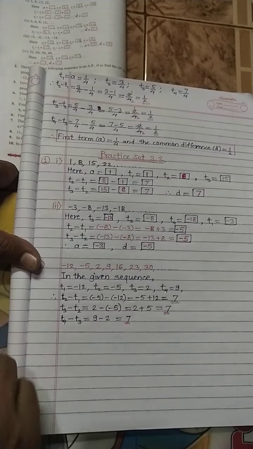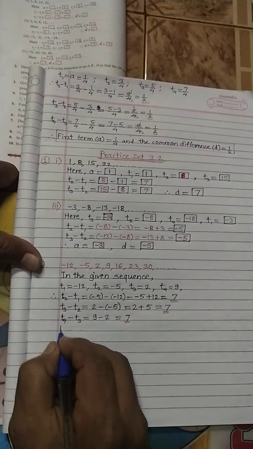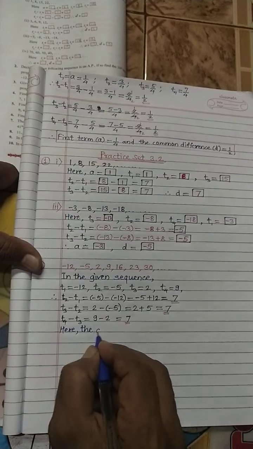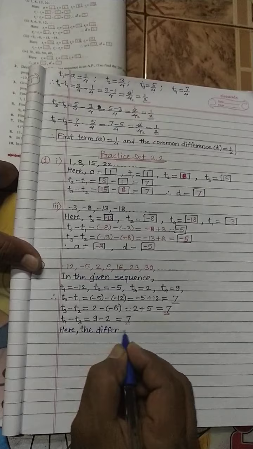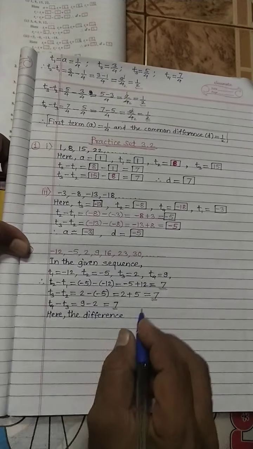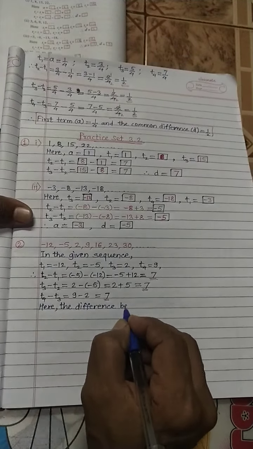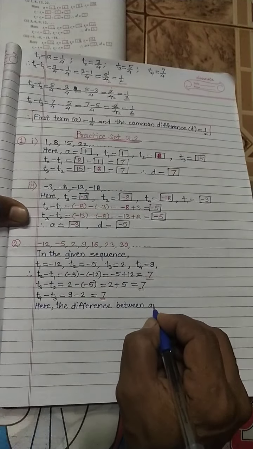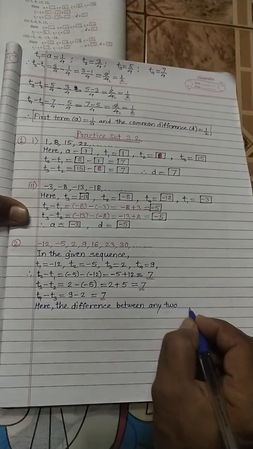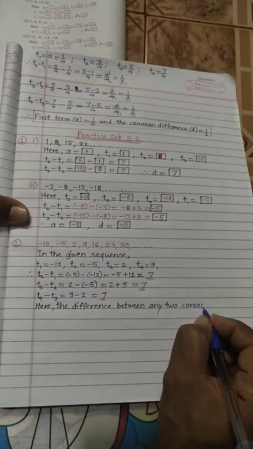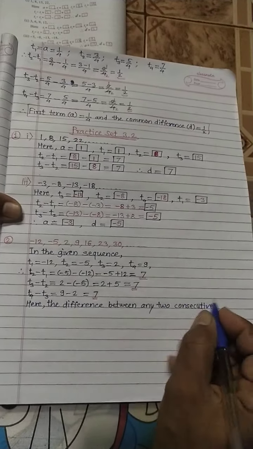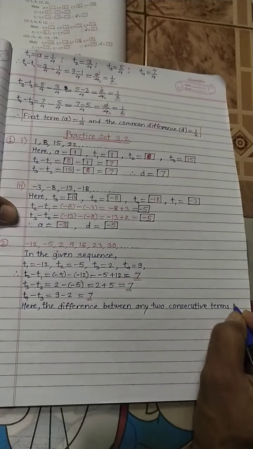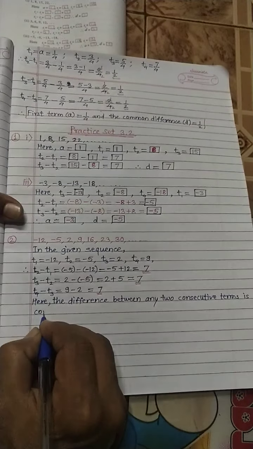Okay, so here the difference between any two consecutive terms is constant.